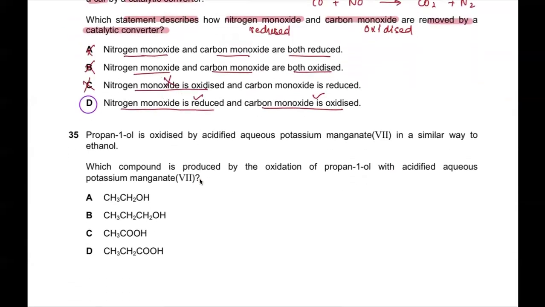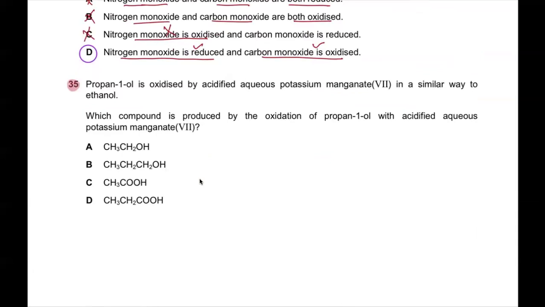Okay. Now, MCQ number 35. Propan-1-ol is oxidized by acidified potassium manganate(VII) in a similar way to ethanol. Which compound is produced by the oxidation of propan-1-ol with acidified potassium manganate(VII)? So, question: when ethanol is oxidized, what is formed? Can anyone remember?